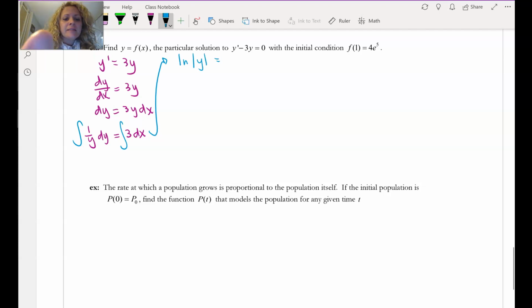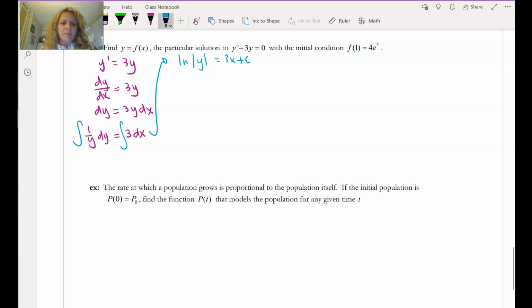And on the right-hand side, when we integrate 3 dx, that's just 3x. Don't forget the plus c. I said it earlier, if you forget the plus c, the AP graders will stop grading your question if this is an FRQ, so we can't forget the plus c.